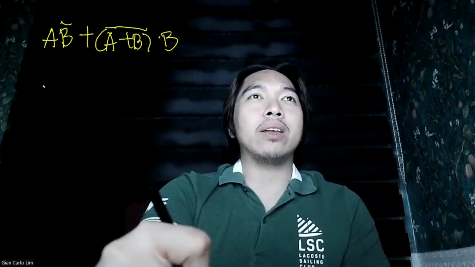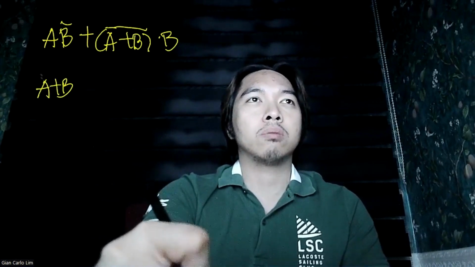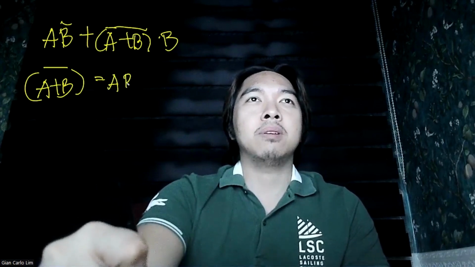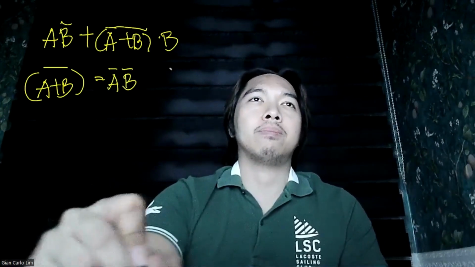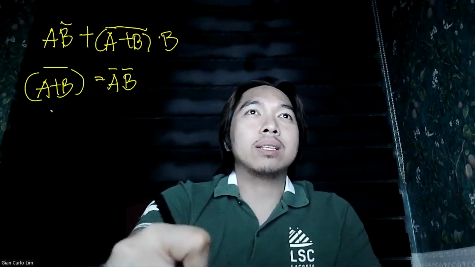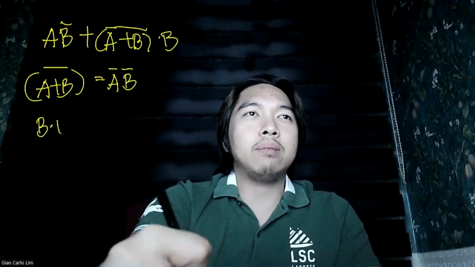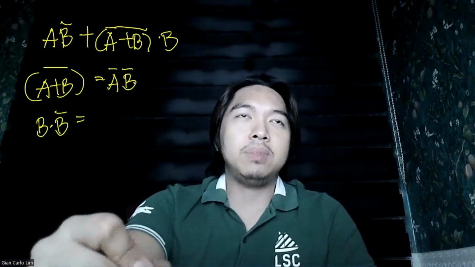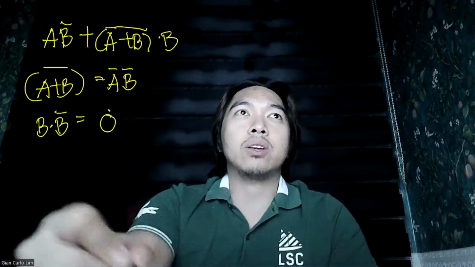So, pagka meron daw tayong ganitong function, pwede natin siyang i-represent as A, B bar. And then, meron tayong tinatawag na B times B bar. So, pagka may ganyan tayong function, so that would mean this will lead to 0.